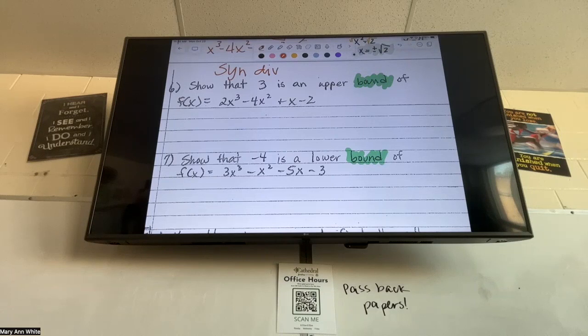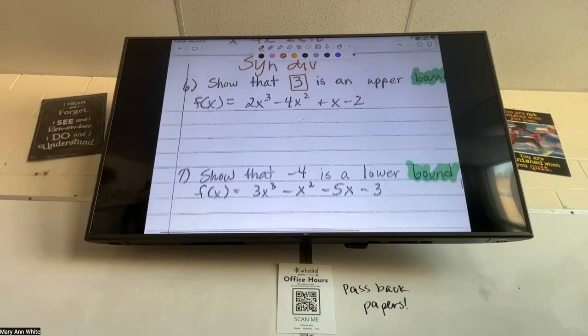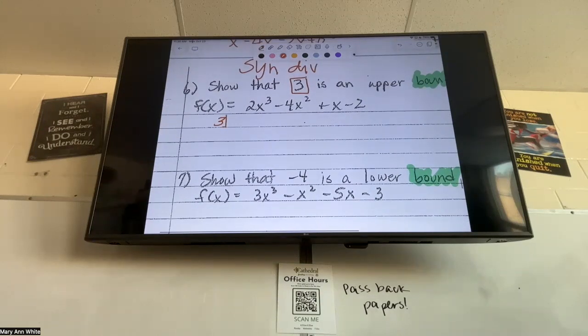It says show that 3 is that bound, so 3 is the number that goes in my house, okay? So let's go ahead and synthetically divide, and then when you're done, we'll look up, because there's gonna be a pattern that I want us to notice. So we'll put 3 in our house, put your coefficients 2, -4, 1, -2.